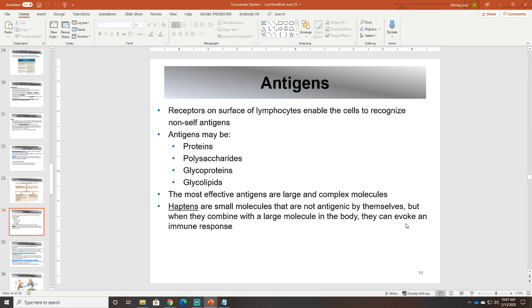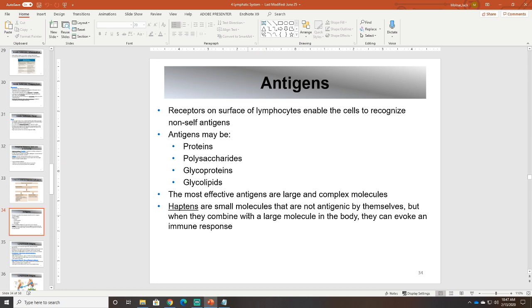So the receptors on the surface of lymphocytes enable them to recognize non-self antigens, basically antigens on the surface of cells that are not human, not mine, right? So antigens can be proteins, polysaccharides, glycoproteins, glycolipids, basically anything capable of invoking or creating an immune response.